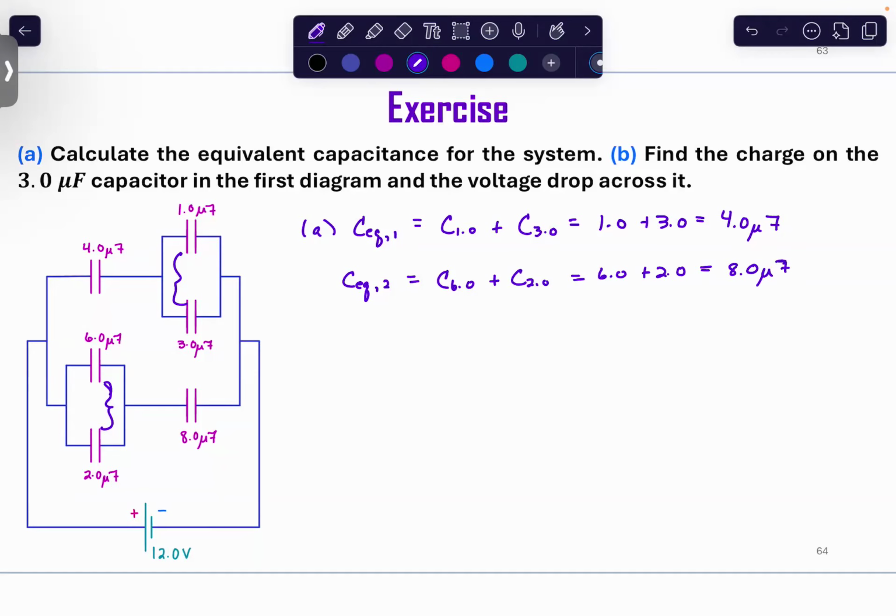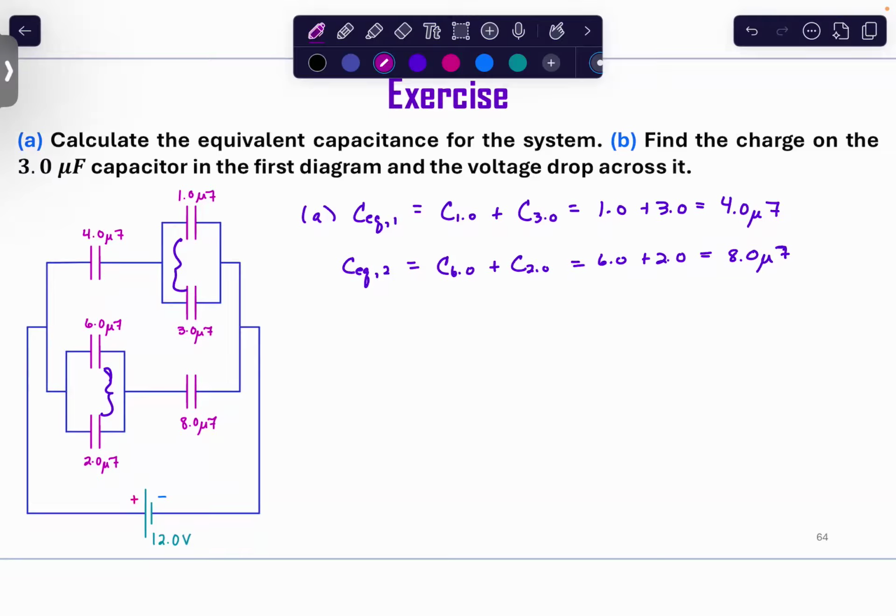Well, there you have 8.0 microfarads. Now we can redraw this, the entire element in the top. Sometimes it helps to redraw what you've done. Then instead of the parallels on the top and the bottom, you're going to have 4.0, 4.0, and then 8 and 8.